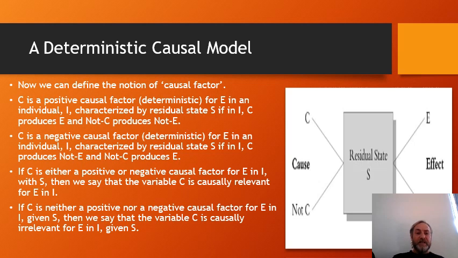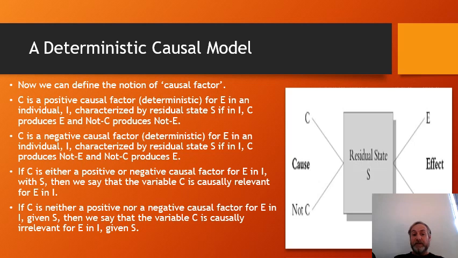Okay, so C is a negative causal factor, again in a deterministic model, for E in an individual I, characterized by that whole set of residual states, if in that individual the cause produces not E, and not having the cause produces E. That makes sense, right? So if cholesterol is a cause of heart attacks, then you might also want to see if taking cholesterol medicine is a cause of not having heart attacks. In that case, you want to see if it's a negative causal factor.